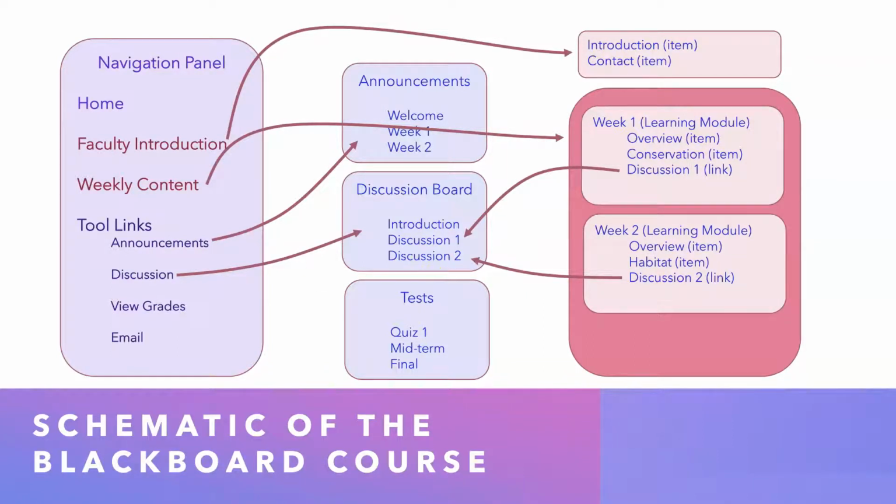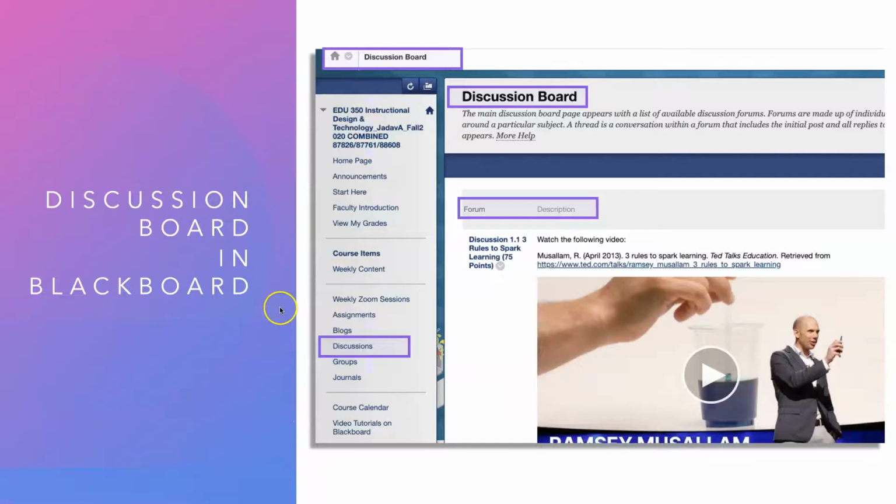So though this can appear confusing at first, it will get clearer as we start organizing and populating the content in Blackboard. In Blackboard, this link takes us to the discussion board, and the discussion board has various forums, which is where the students will participate in the discussion.